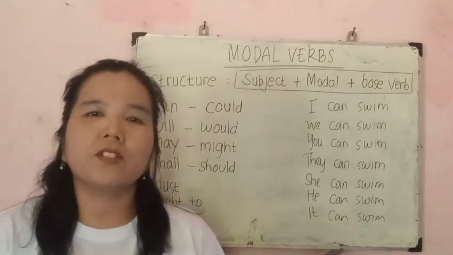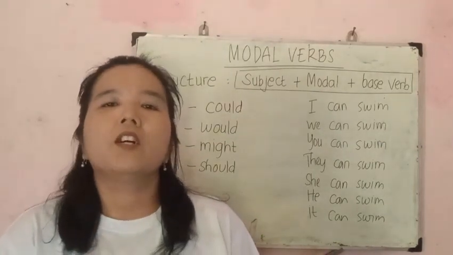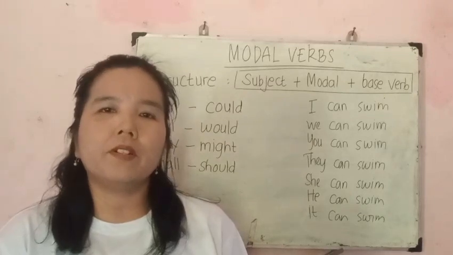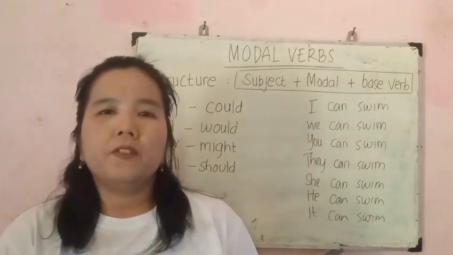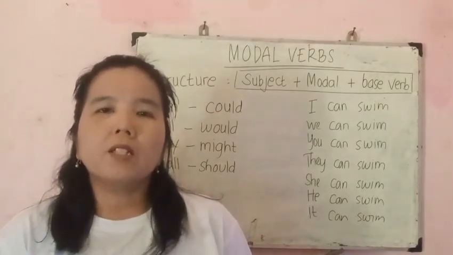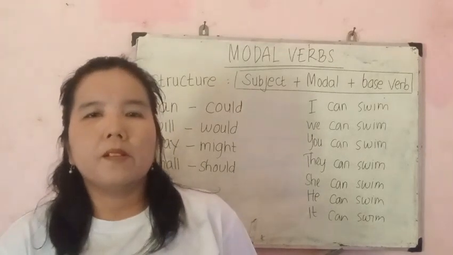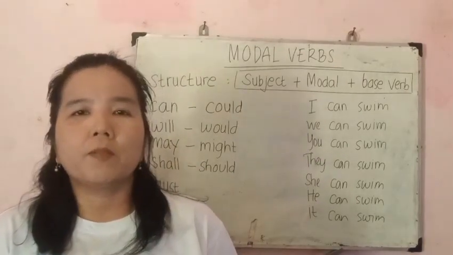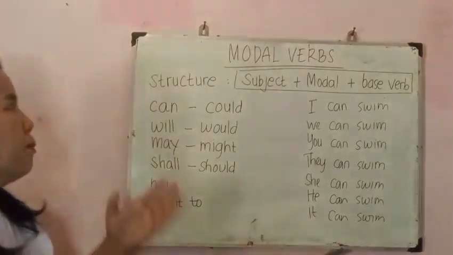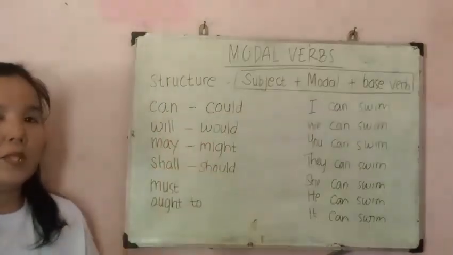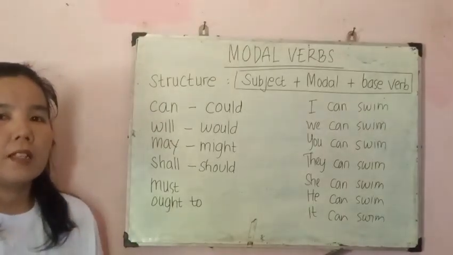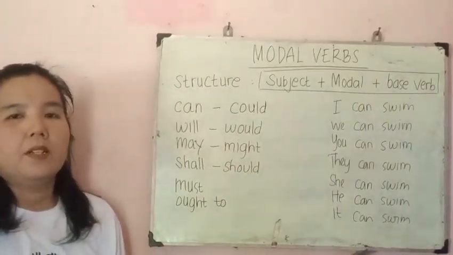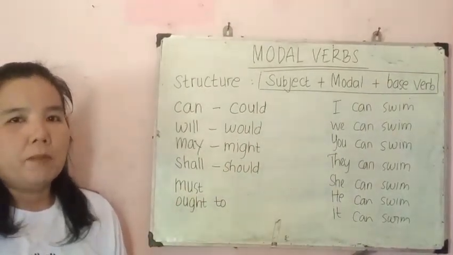And today I'm gonna talk about modal verbs. Modal verbs are an essential part of grammar, especially for expressing possibility, necessity, permission, ability, and future plan. Let's begin. Modal verbs are helping verbs that come before the main verb to add special meaning.